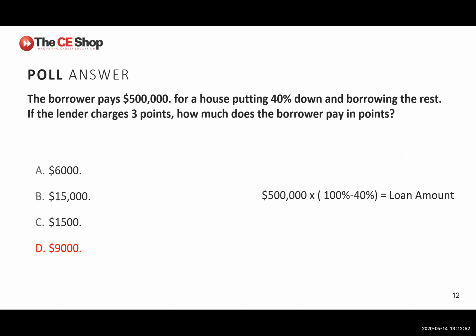So you're actually getting a 60% loan. So when you throw in that, you're getting a loan of $300,000. And you're going to be charged 3 points. So you're going to take that 300,000 and multiply it by 3% to come up to 9,000 for how much you're going to be paying for your points.